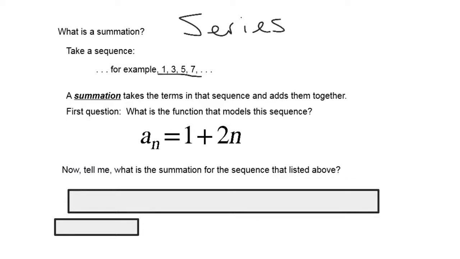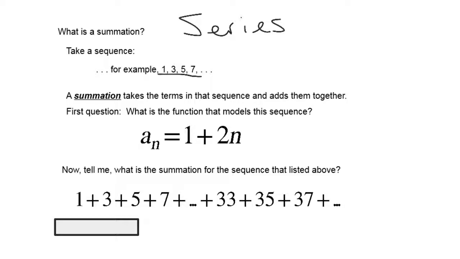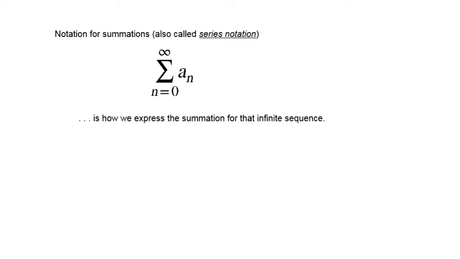Now, next question. What is the summation of that sequence listed above, going on forever? Like so. It's infinite, right? Makes sense. Now, notation, again, series notation or summation notation is this.